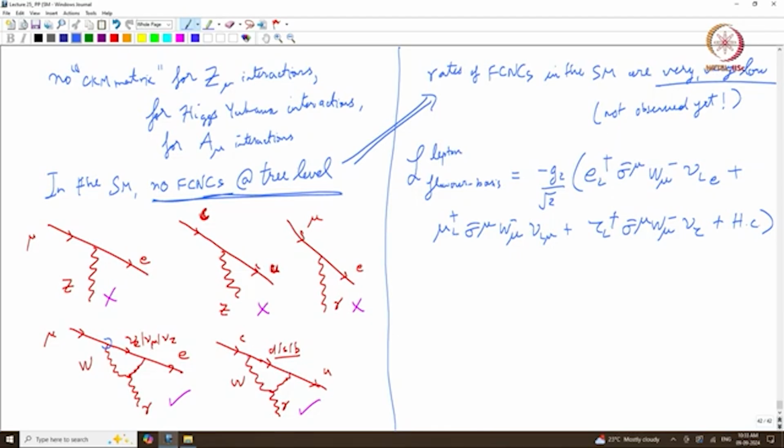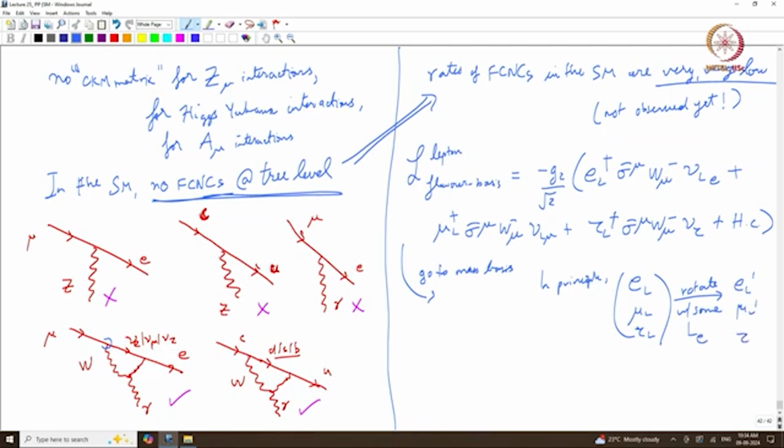Okay, good. So, why did I write this down? If I want to go to the mass basis, in principle, I can rotate this with some, let us call it, LE matrix, and I can always rotate and go to some mass basis.